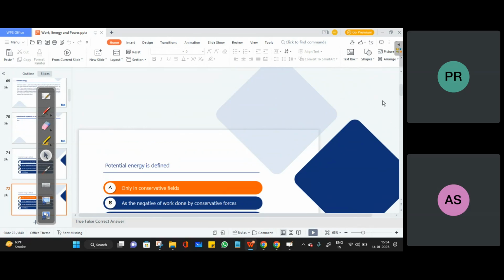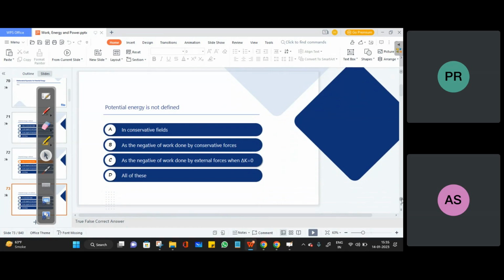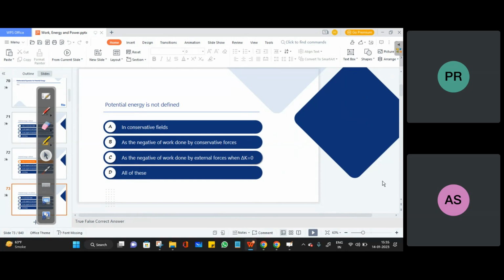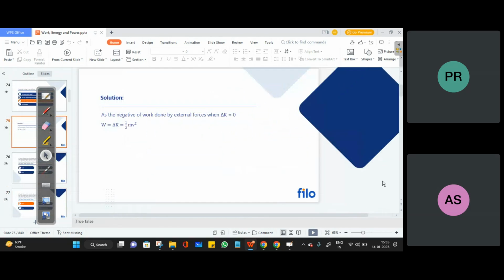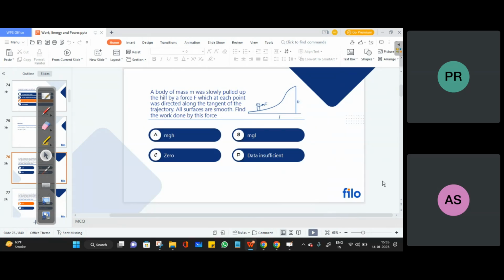Now, if we have to define the potential energy, then we will have to take some reference. At some point, we will have to take a reference that, okay, at this point, we will take the potential energy to be zero.